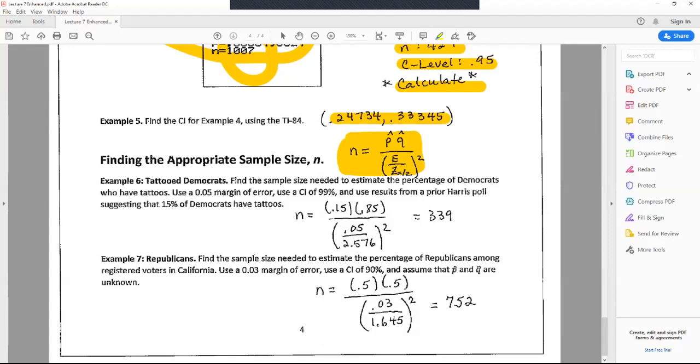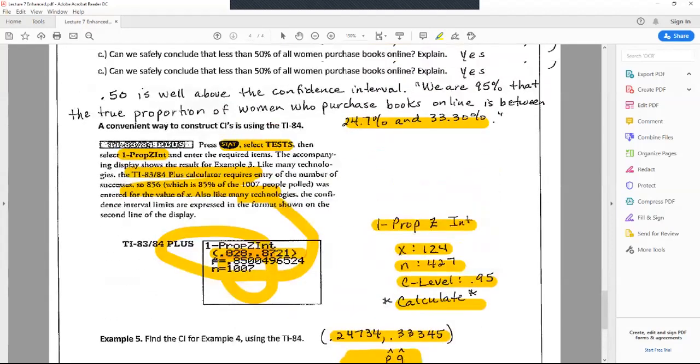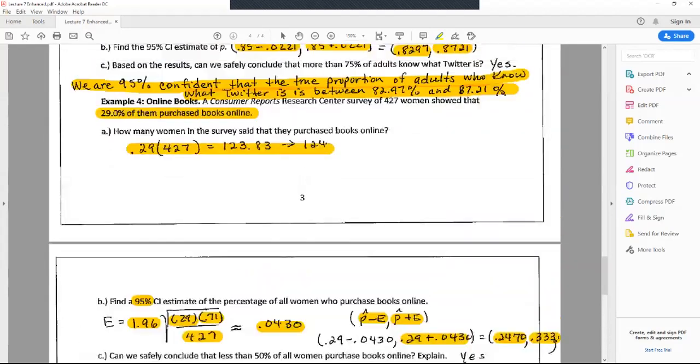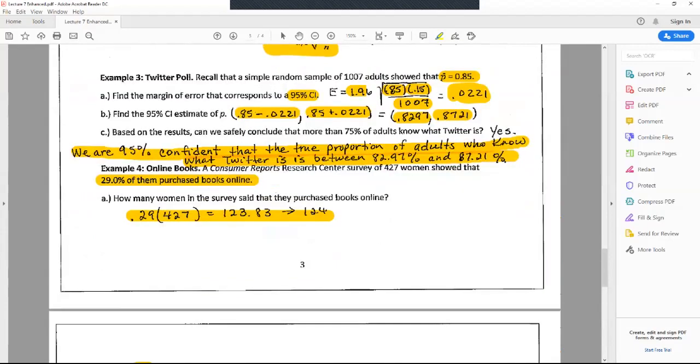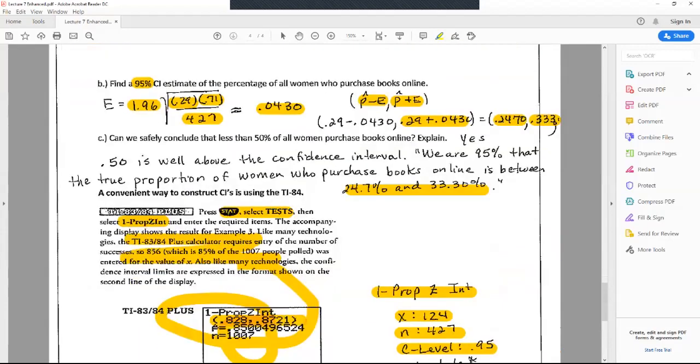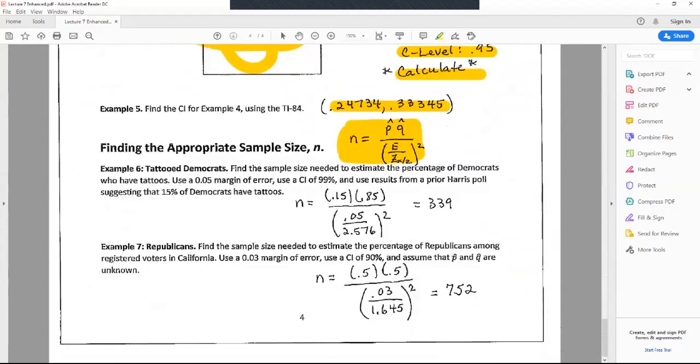Where did this come from? I generated n by going back to the margin of error formula, and I solved for n. In other words, I got n by itself using algebra. Once you solve for n, this is the formula that you use to determine the appropriate sample size.